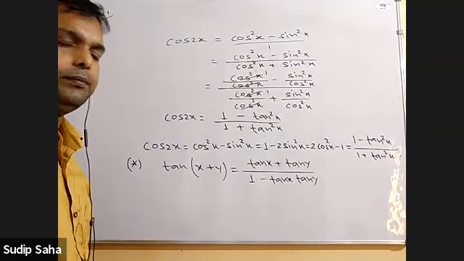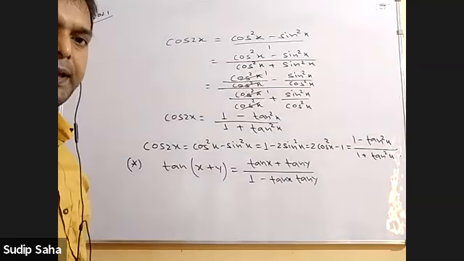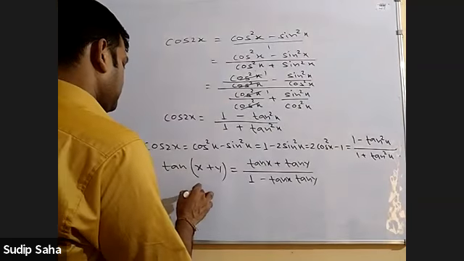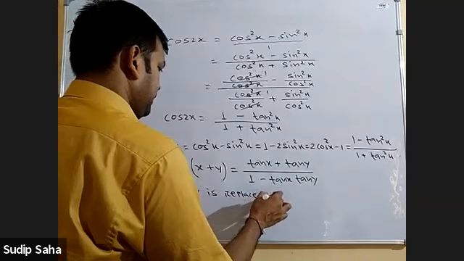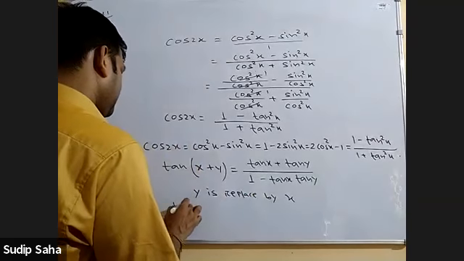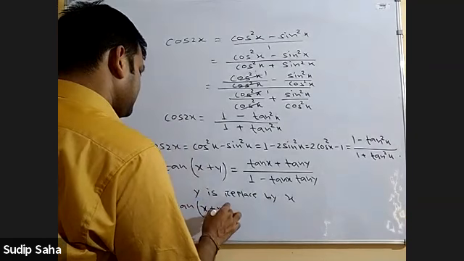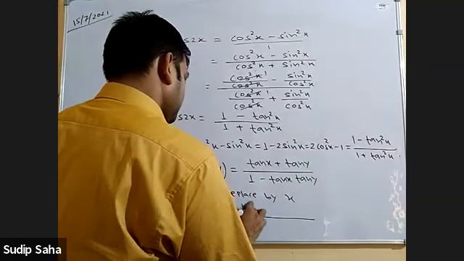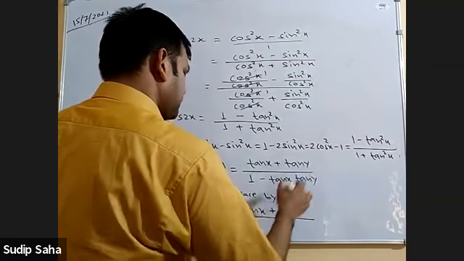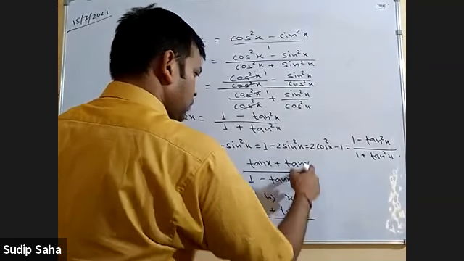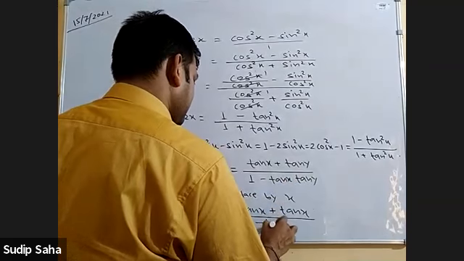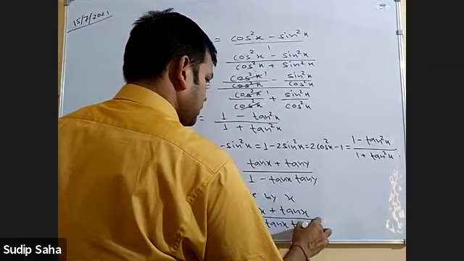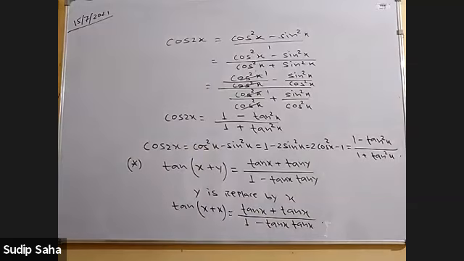Here, y is replaced by x. So it will be tan x plus x, tan x plus, y is again x, tan x divided by 1 minus tan x tan x.